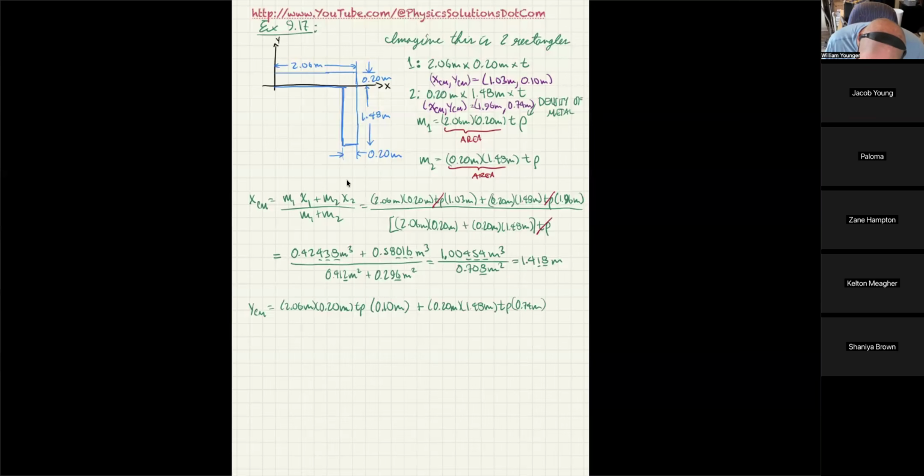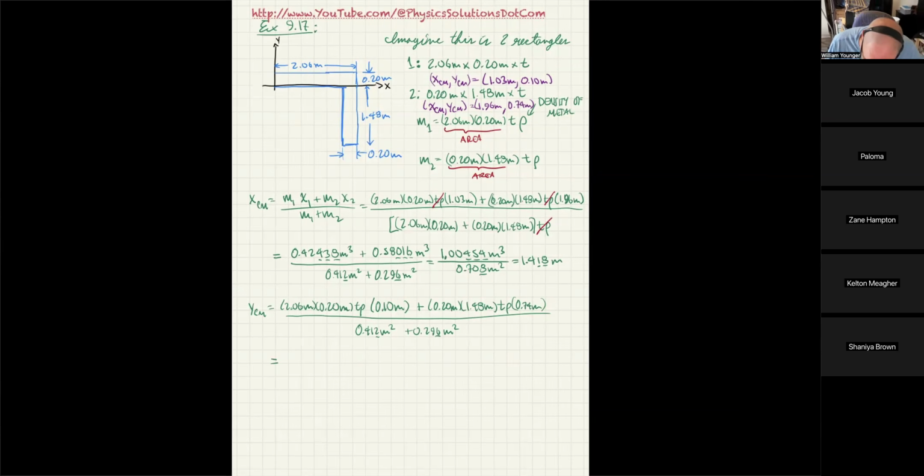And then, of course, we still have the same stuff downstairs, which would be 0.412 meters squared plus 0.296 meters squared. And now we can go ahead and calculate this.